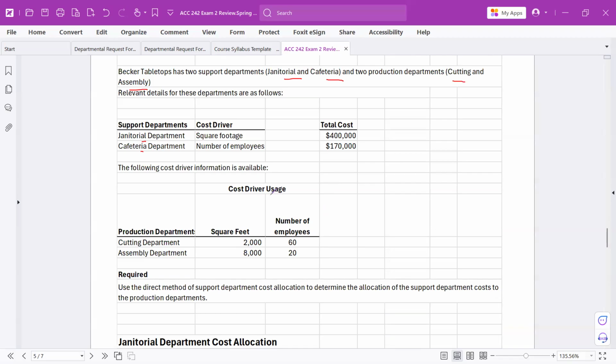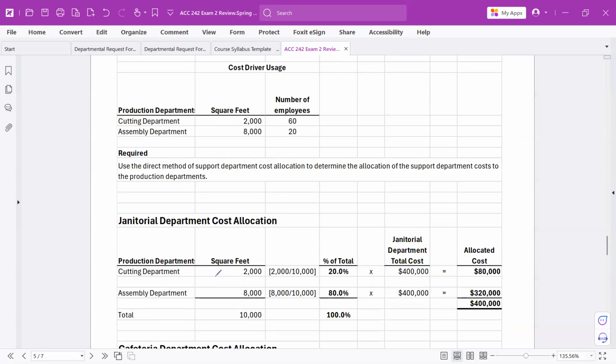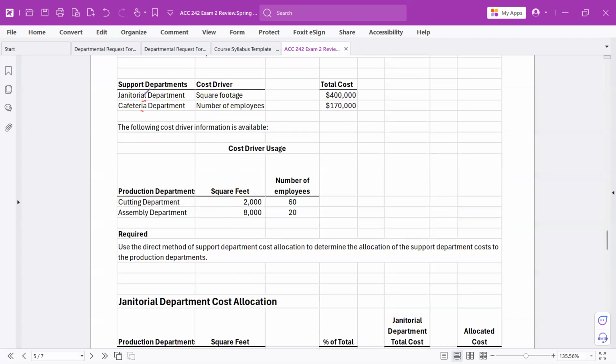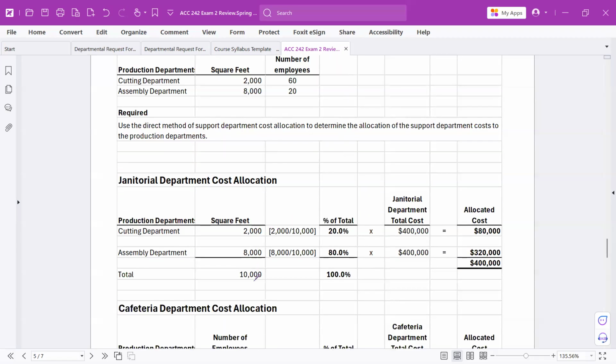So we've got the usage of the two cost drivers, and we use the usage to get the percentages. So when we use the square footage for allocating out the janitorial department cost of 400,000, it's the 2,000 over 10,000.